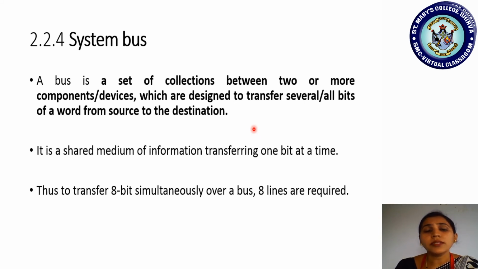So what is the system bus meant for? It is a component interconnecting the various components of a system, where the data from the input device has to be sent to the memory, and from the memory the information has to be shifted to the output device.